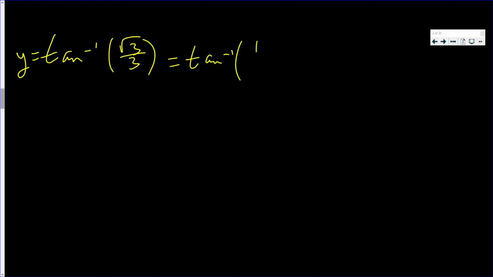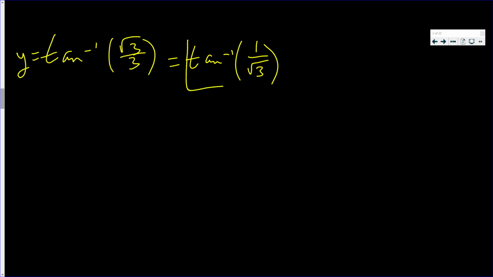Suppose you were given the tan inverse of 1 over square root of 3 to evaluate. That means call it something and figure out what that something is. When it comes to trigonometry, personally, I think 1 over square root of 3 is nicer than square root of 3 over 3.